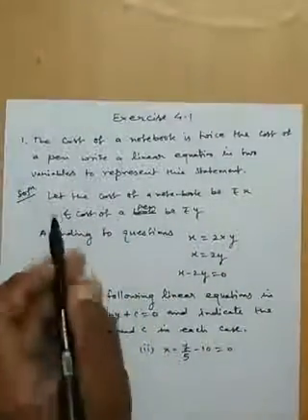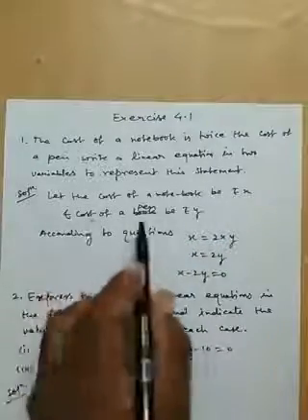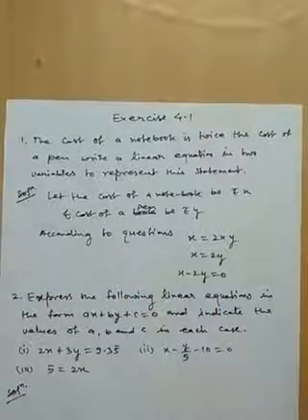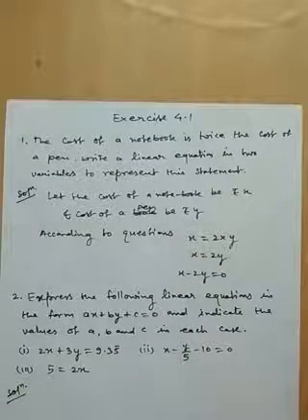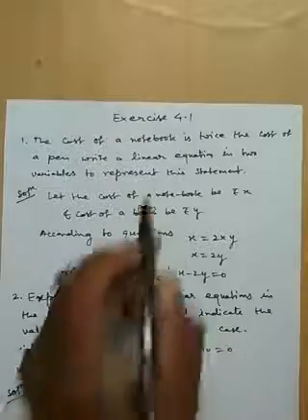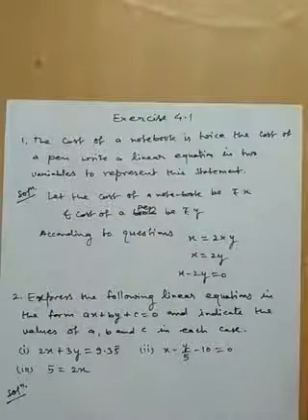First of all, we assume that the cost of a notebook is rupees x and the cost of a pen is rupees y. So x and y are the two variables, and we can arrange this statement in the form of a linear equation in two variables.